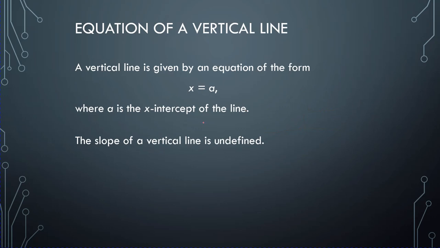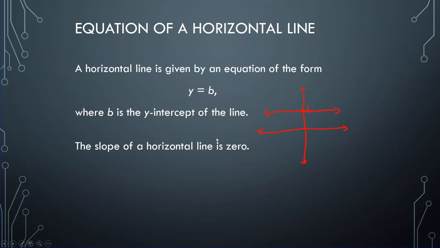A vertical line is given by the equation x equals a. Here a is the x-intercept of the line. And for vertical lines, the slope is called undefined. The reason a horizontal line has slope 0 is that you rise 0 to get to the next point, and then you run whatever. It doesn't matter. It's always 0 over whatever number you pick.